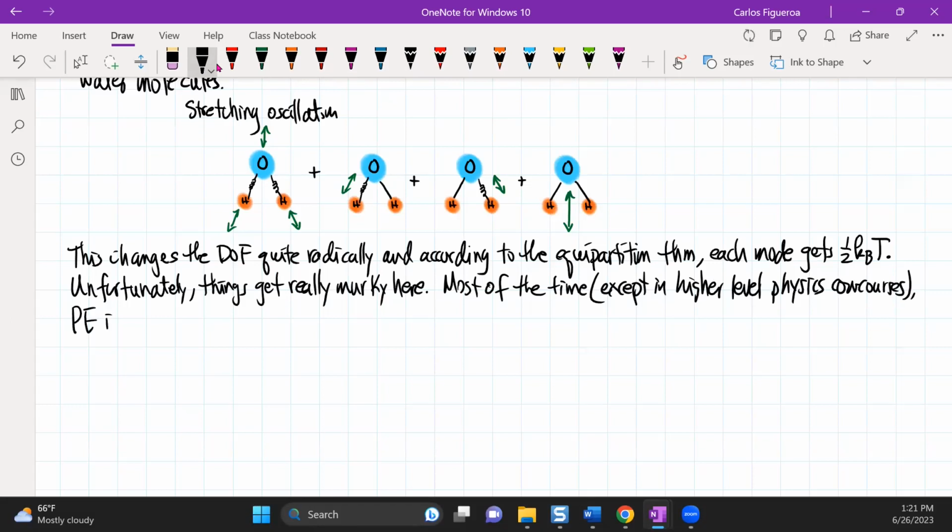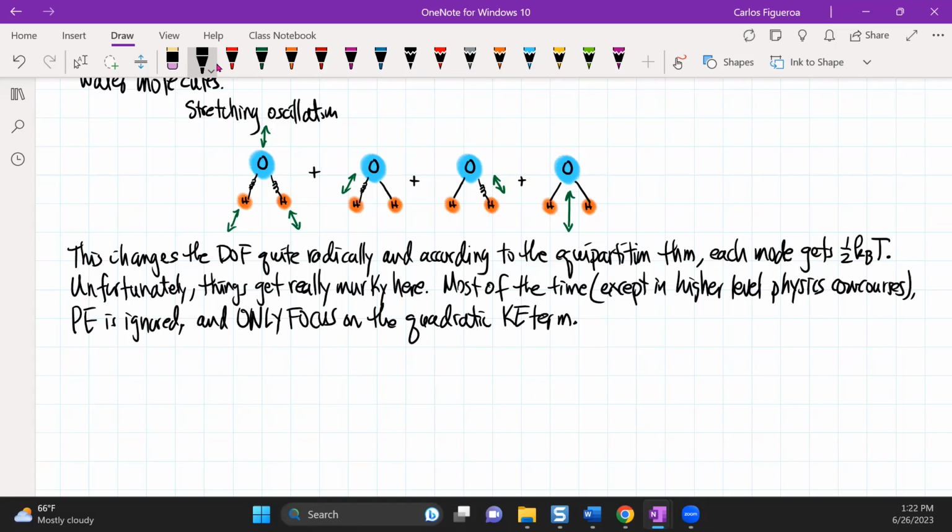Potential energy is ignored, and they only focus on the quadratic kinetic energy term. So guess what? That's a big deal.